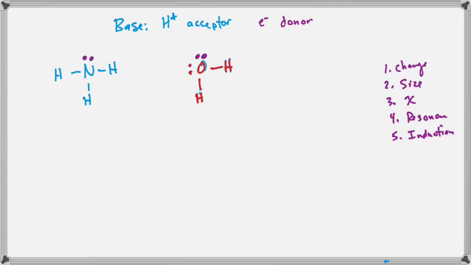Right? So now I can start. Charge. Are either of those charged? The atom holding the reactive lone pair, nitrogen versus oxygen, they aren't charged. Size. Is there a size difference? Okay? And this is where we can get a couple different answers. Again, for my class, I would say absolutely no. But you can go with not really or negligible or both acceptable. They're in the same row. There isn't a significant size difference. Which then means we move to electronegativity.